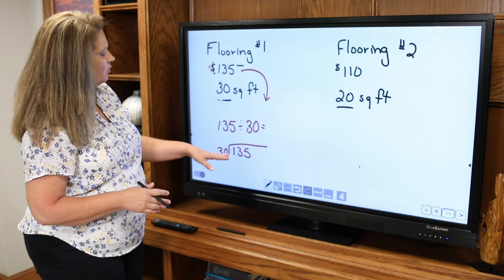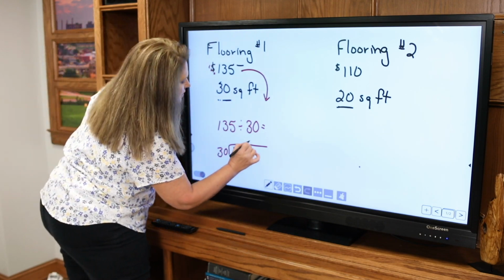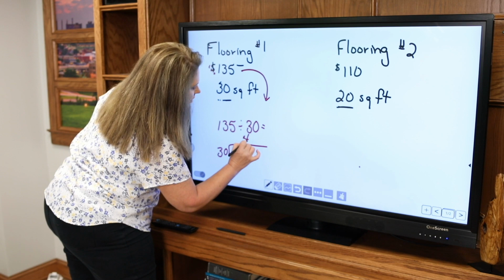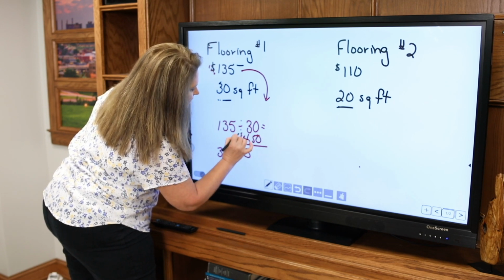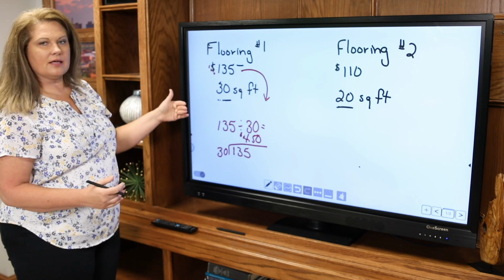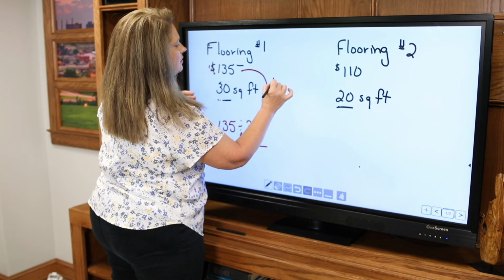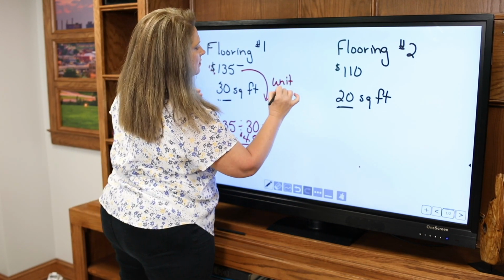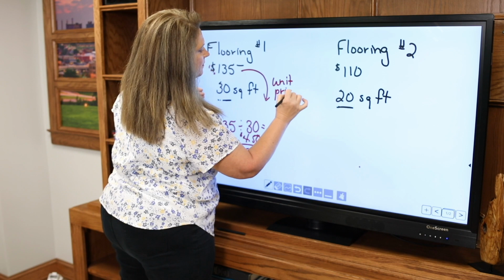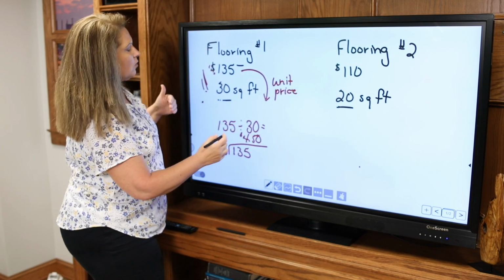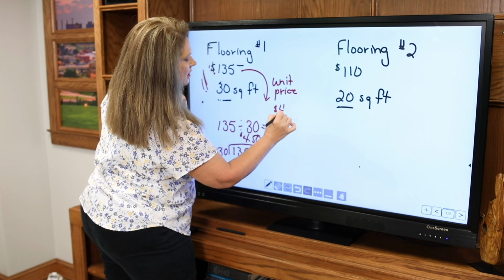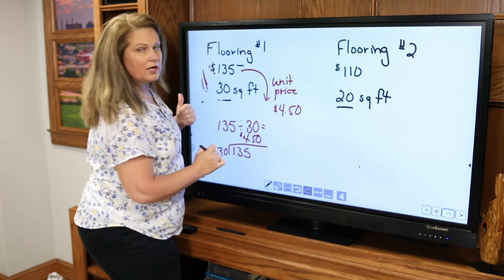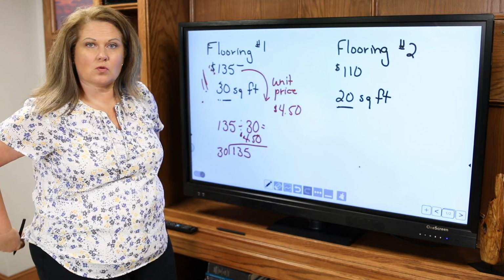When you take your division problem, that's going to give you $4.50. So we can say that the unit price of flooring number 1 is going to be $4.50 per square foot.